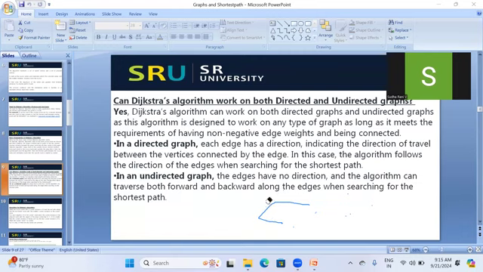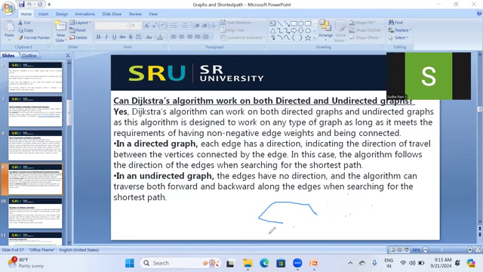If we are not having any direction, then this is called an undirected graph. Here you can traverse from any point to any point, in the forward direction or the backward direction along the edges. So if this is the destination point, you can traverse from this point to this point to this, or from here to here, and here to here.